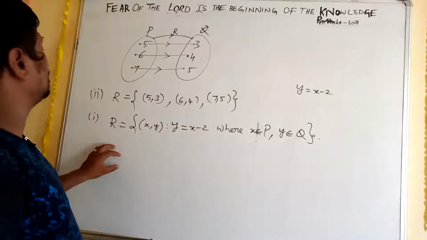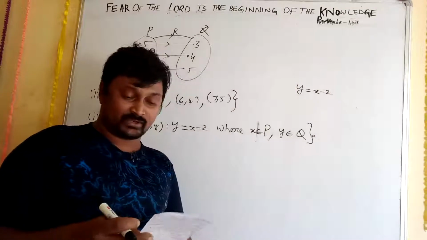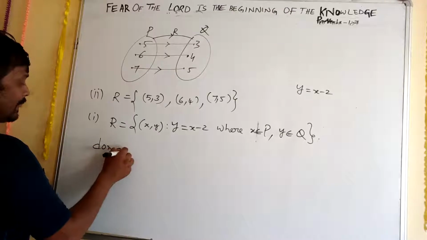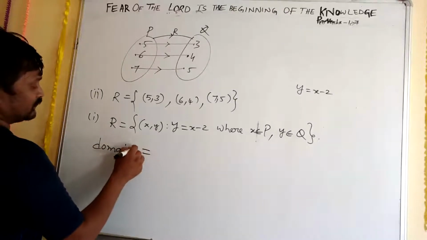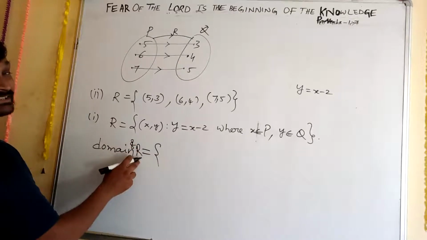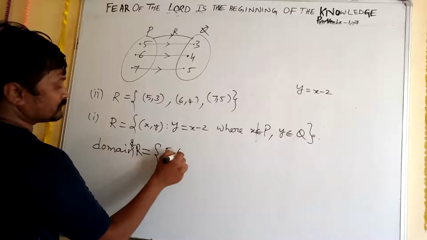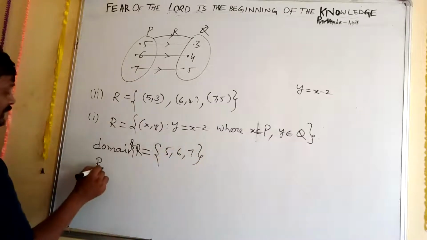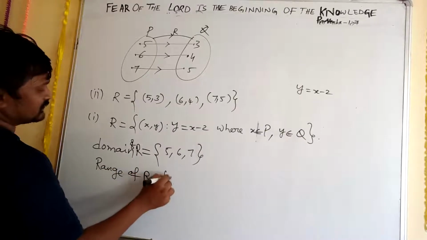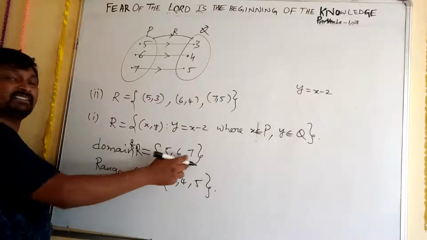So that is about your problem number 4. And what is its domain and range? At last, domain of R, where R is nothing but the relation here, is {5, 6, 7}.